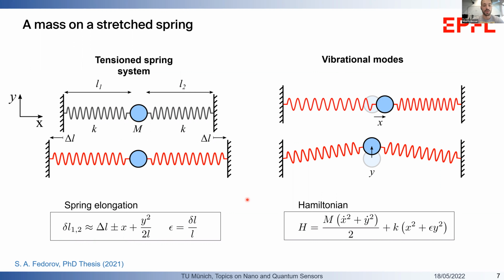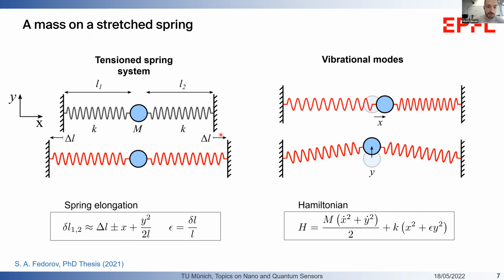dissipation dilution. We can consider a mass which is suspended by two idealized 1D springs. And the springs are not simply at rest, but they're stretched, elongated by a quantity, an elongation delta L, in static conditions.